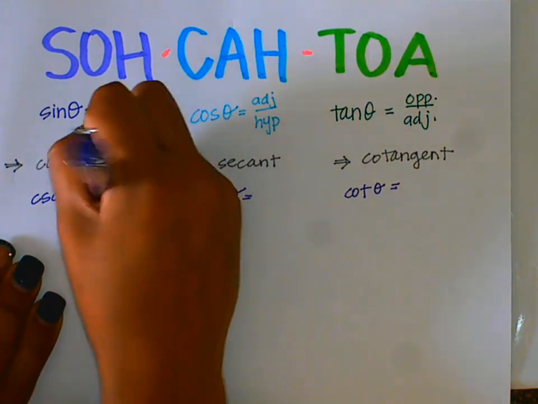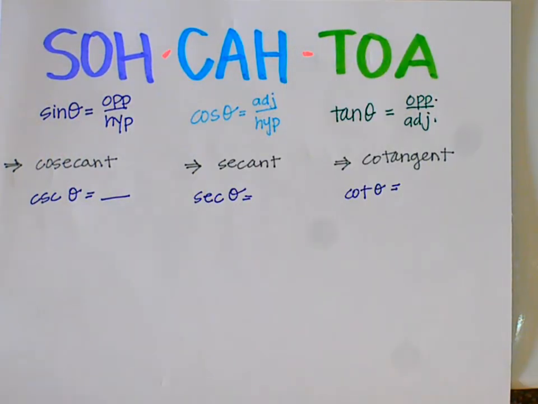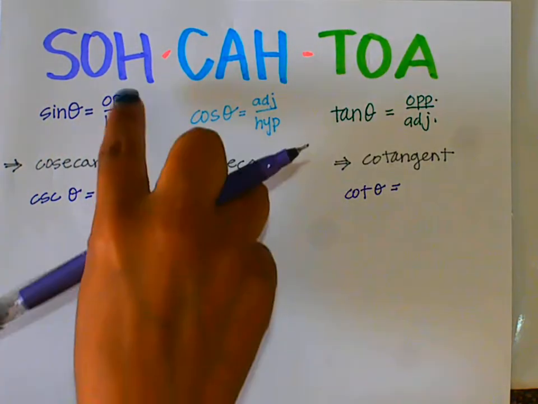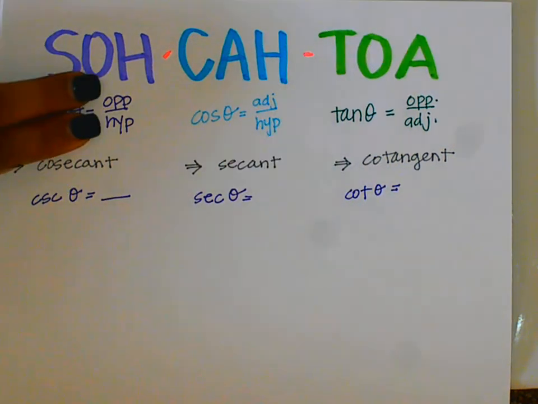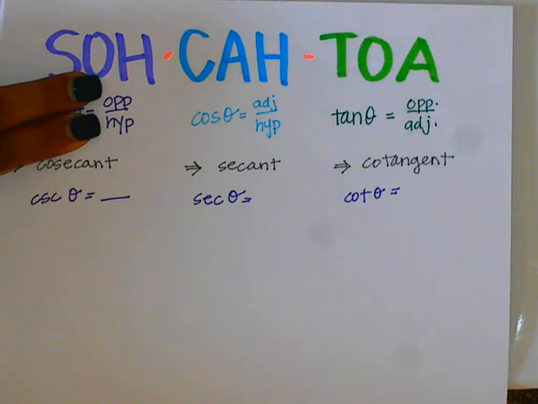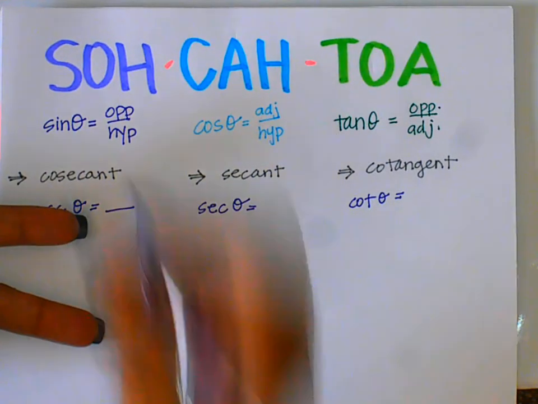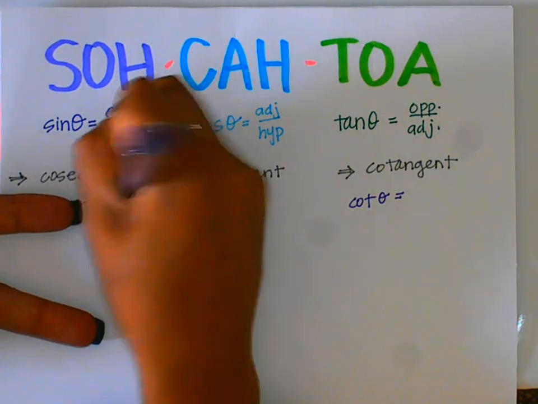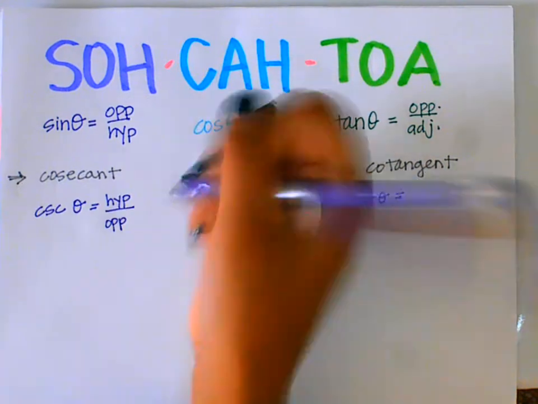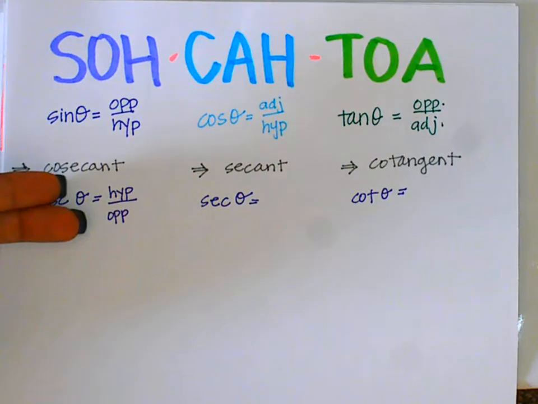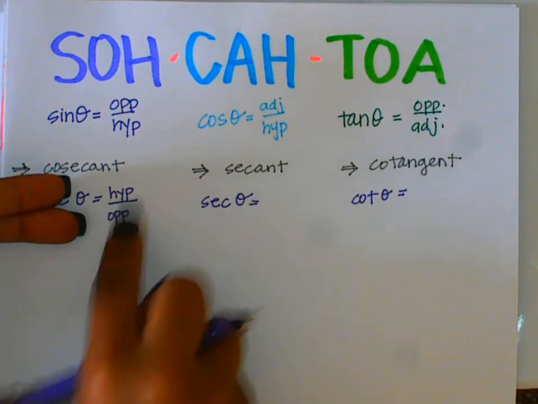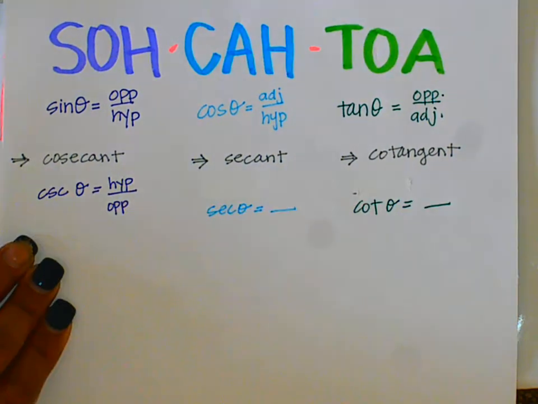I'm sorry I didn't. Okay, so to find your little fraction, all you're going to do is take your opposite over hypotenuse and flip it. So it now is hypotenuse over opposite. So again, you take this, you flip it, and you get your new fraction. I have to change the colors because it bugs me.